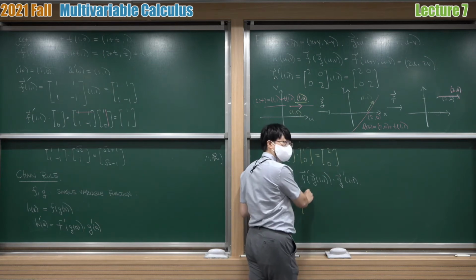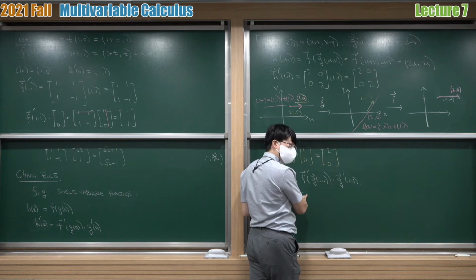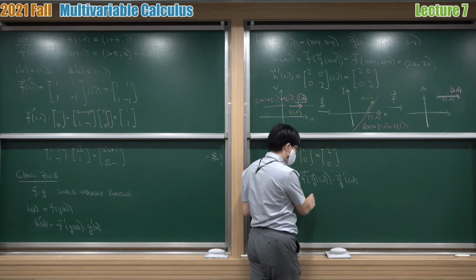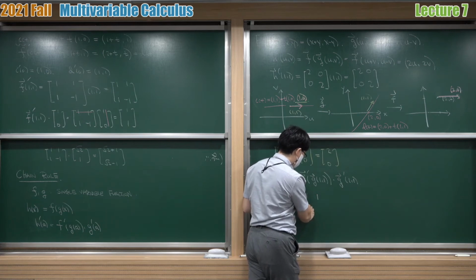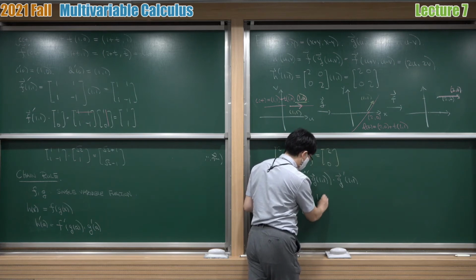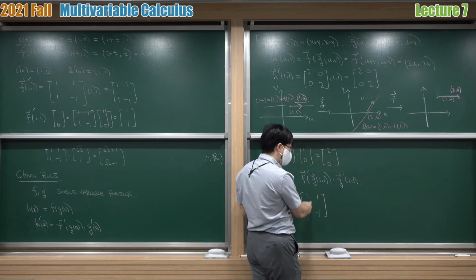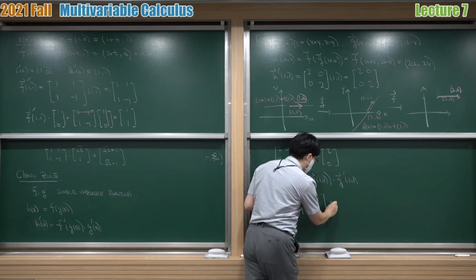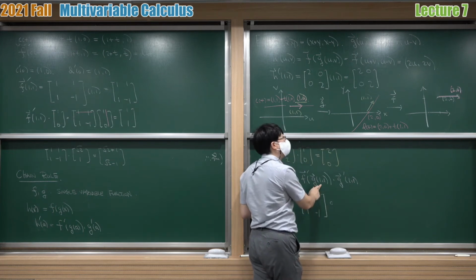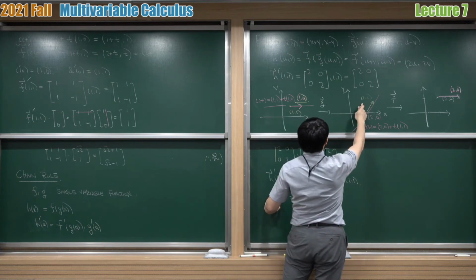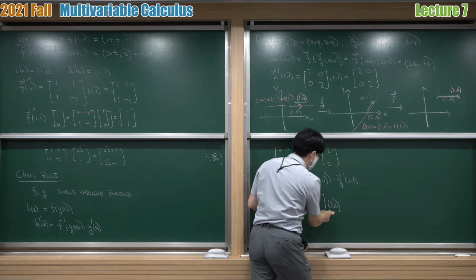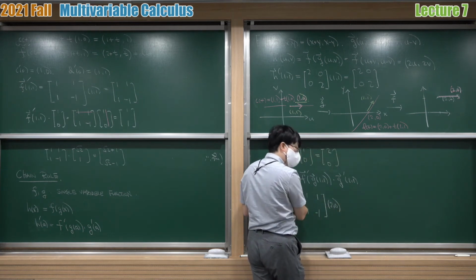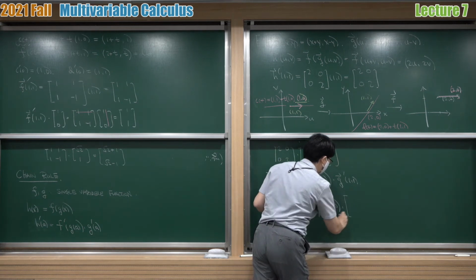So what's in the first row? 1, 1, 1, minus 1. Again, this is not the result because we have to plug in the value of g(1, 1). The value of g(1, 1) was 2, 0. So we have to compute that at 2, 0. But luckily we have a constant, so we don't have to compute.